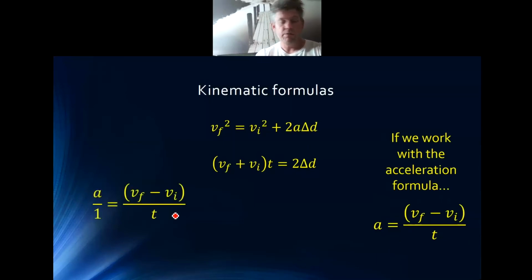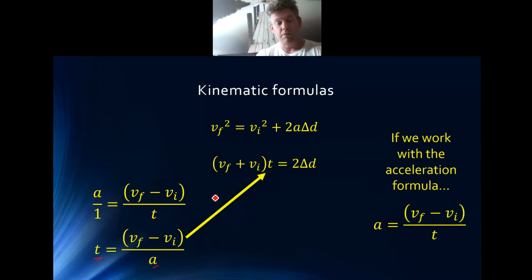So put it over 1 so I can cross multiply and divide. Multiply A times T, right? And that's equal to VF minus VI. If I have AT equal to VF minus VI, divide by A, and I get that. Now what I can do is sub out T, and I can get that acceleration into my formula. Okay?